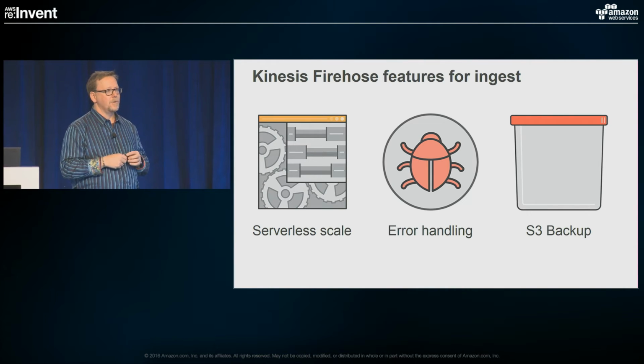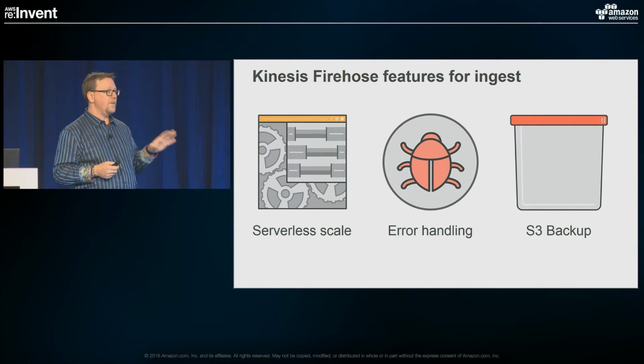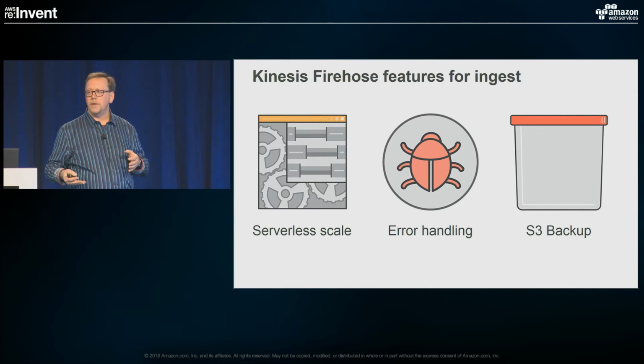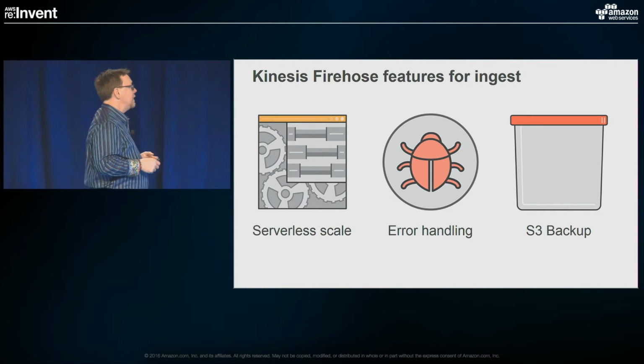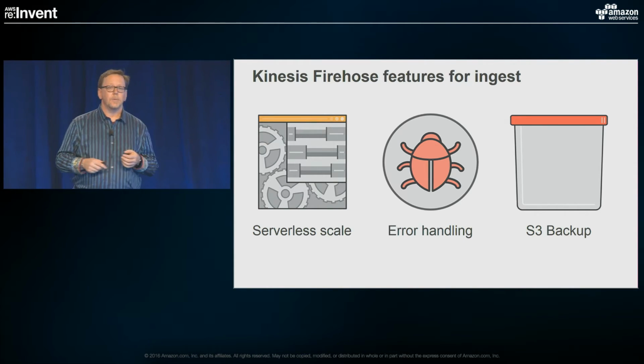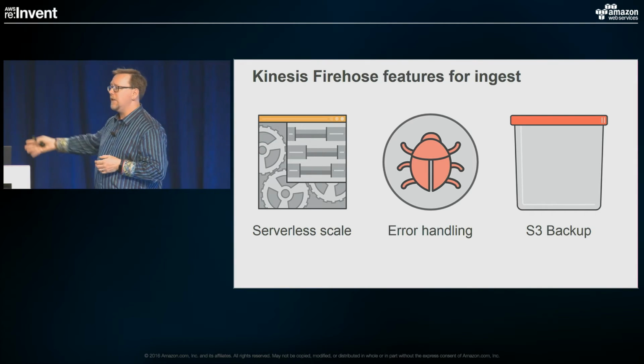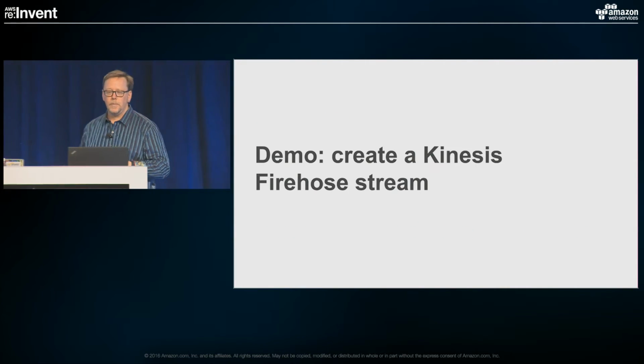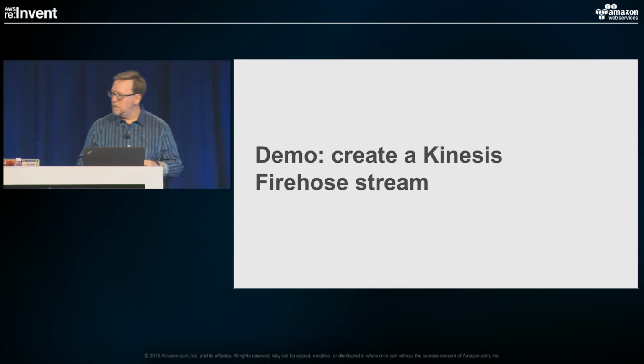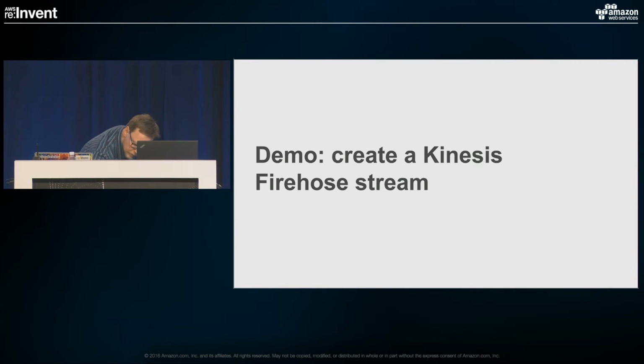The error handling feature is really quite nice. Like, not to have to worry about retrying records. It does the retries for you. Tracking where failed records went so that you can then retry them yourself are both really nice features. And the S3 backup is also a really nice feature, like to be able to send everything and have a record of it. OK, so we're going to create a Firehose stream.